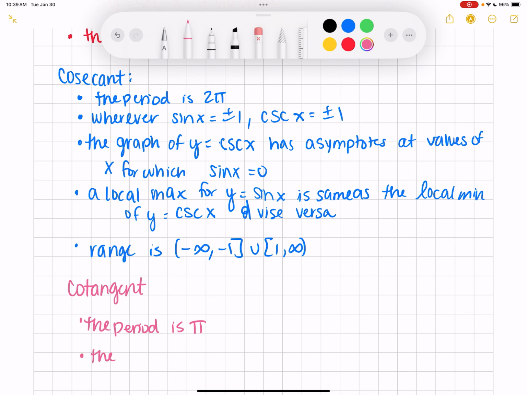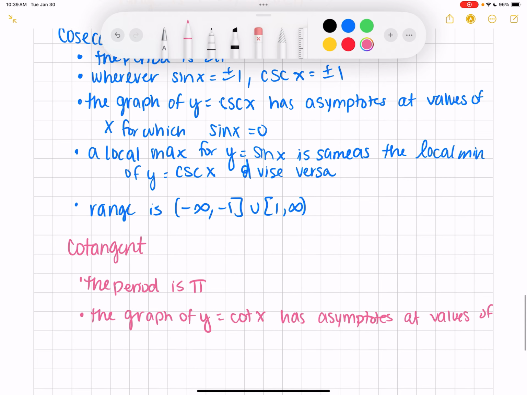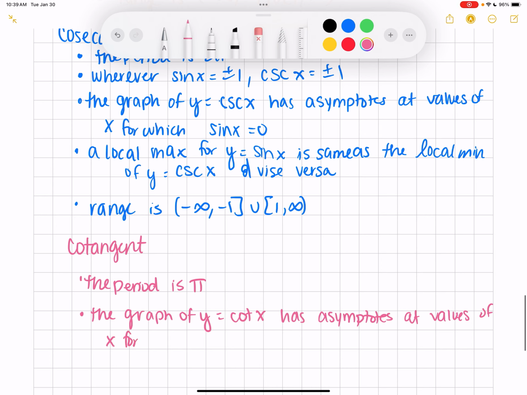The graph of y equals cotangent of x has asymptotes at values of x for which sine of x is equal to 0.